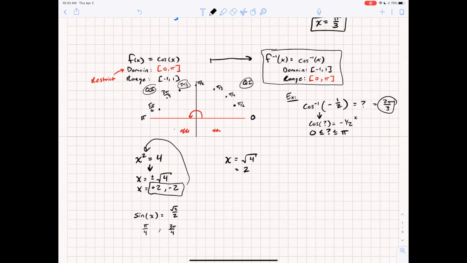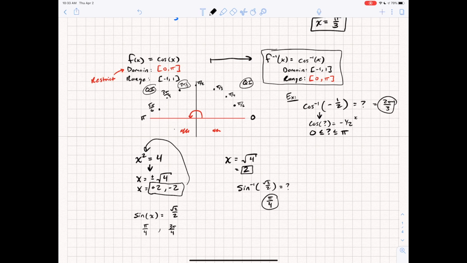This doesn't include positive and negative. This is only the principal square root. It's only the square root of 4. So that means there's only one solution. And this directly corresponds to if you started with inverse sine in your problem, then there can only be one solution because of how inverse sine is defined to start with. The answer could only be pi over 4, and that's it.